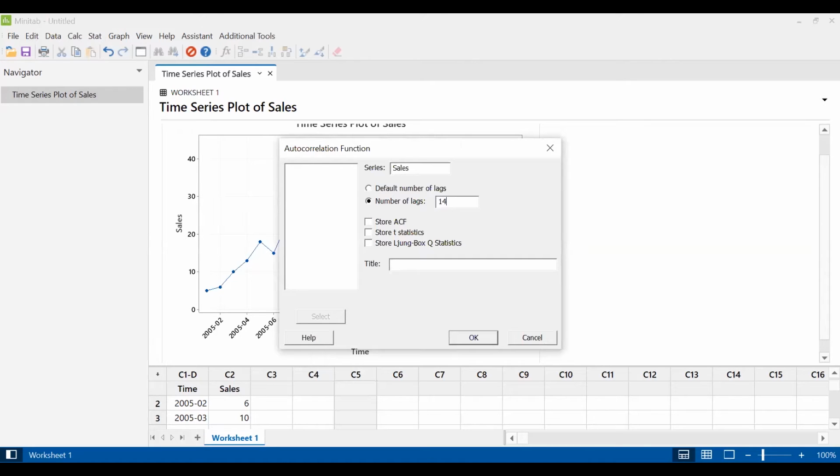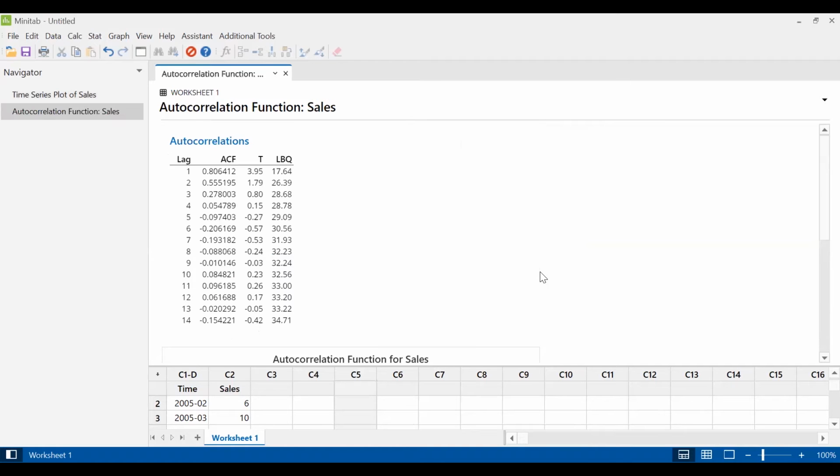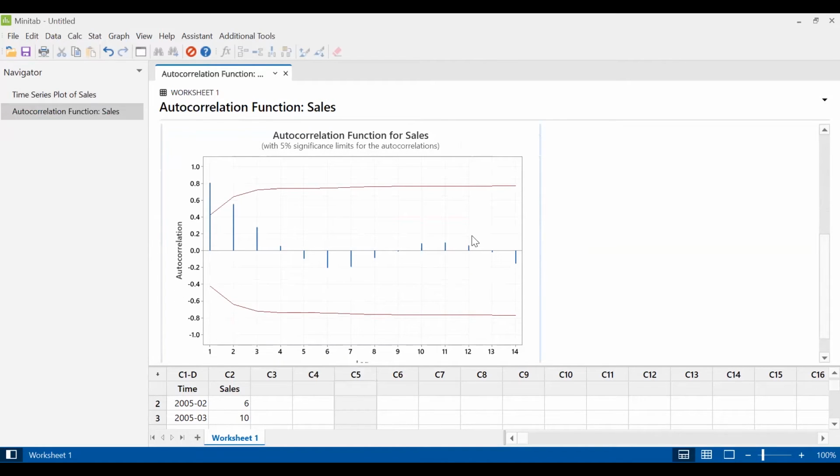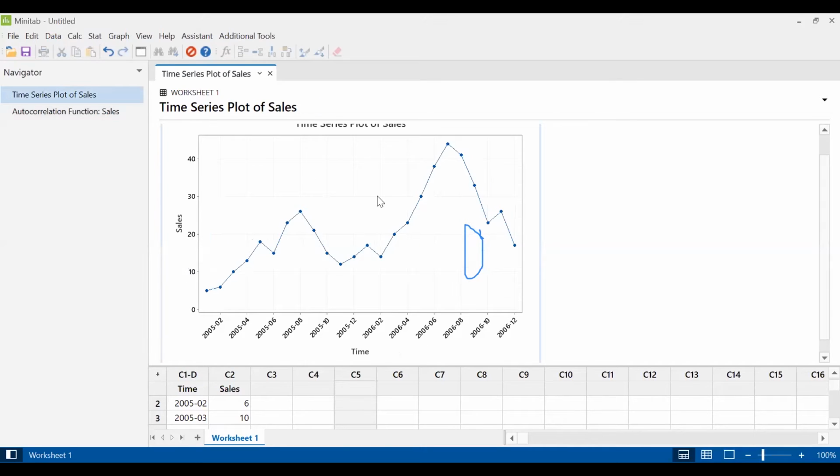However, since the data is so small, even if we pick 14 lags, you will see that at lag 12, the autocorrelation is not significant and it's not strongly higher than the one before it and after it. So the autocorrelation graph to a certain extent failed to show the seasonality, but we were able to capture that when looking at the time series plot.